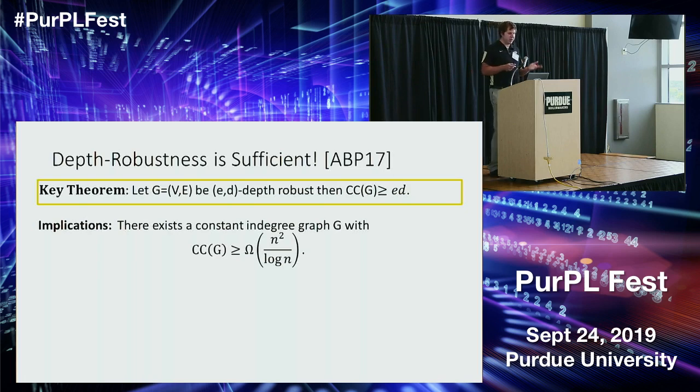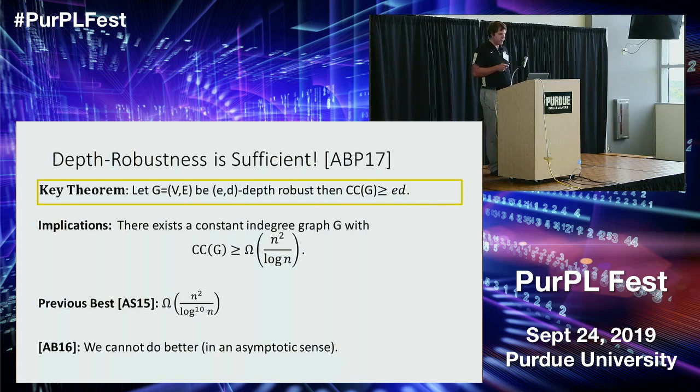The implication here is we can build constant in degree graphs with cumulative complexity at least n squared over log n, which is pretty close to n squared, and beats the best prior bound by multiple log factors. In an asymptotic sense, one can prove that this is the best you can do. You can extend those pebbling attacks to show that you can't do much better than this for any graph with constant in degree.